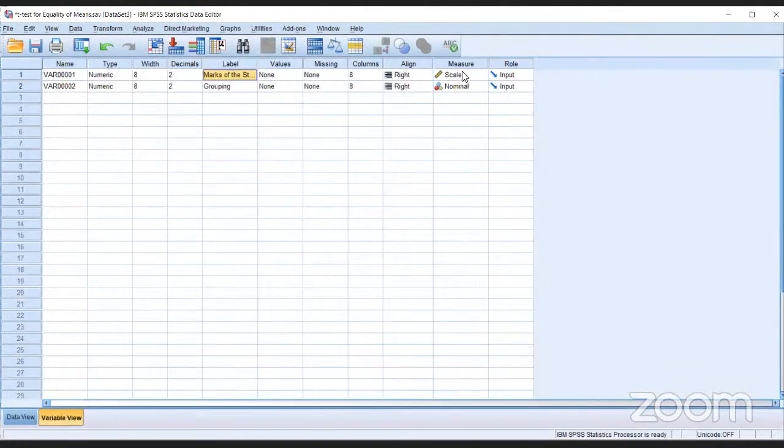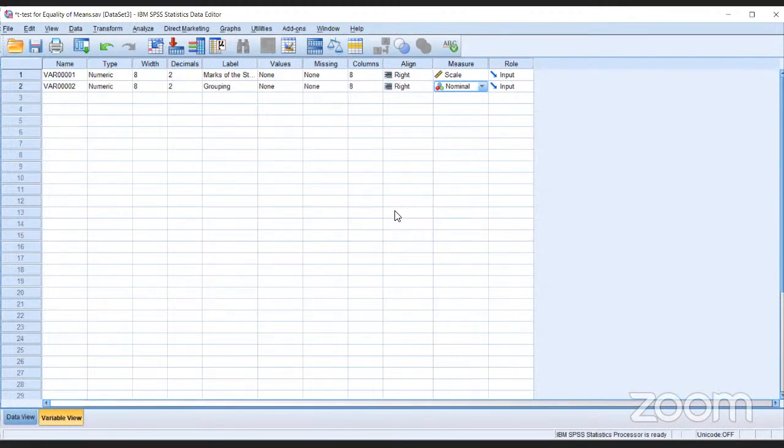Marks is quantified already, but these are grouping things, so we are selecting nominal. Okay, can I go to the analyze now, or do you still have any doubt on entering this data into the SPSS editor?